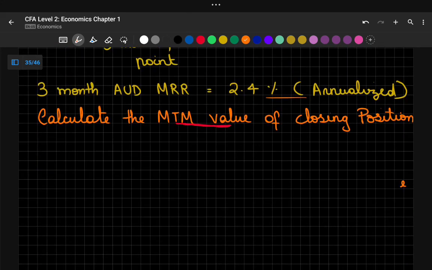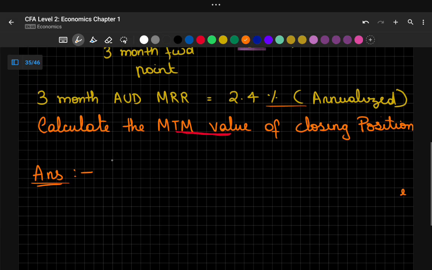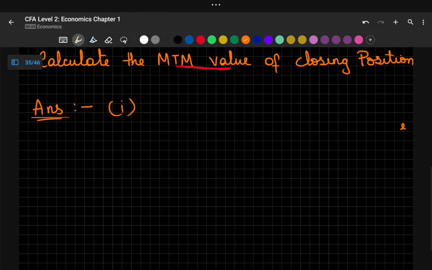How will we calculate the MTM value? Let us start by solving. I'll write down the concept first, as explained in the question.